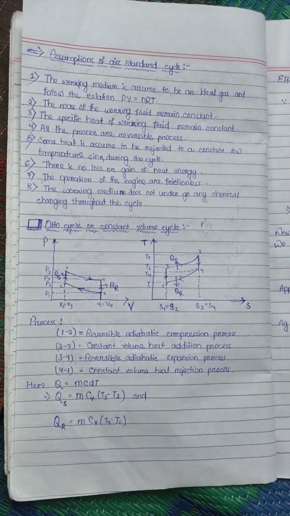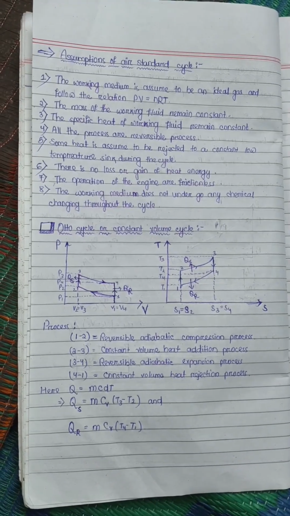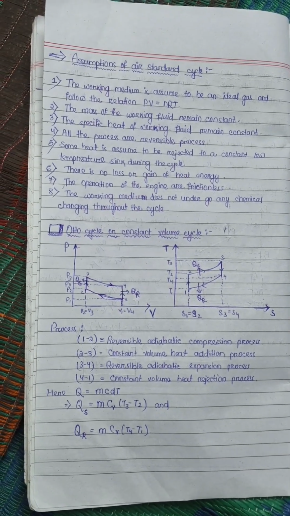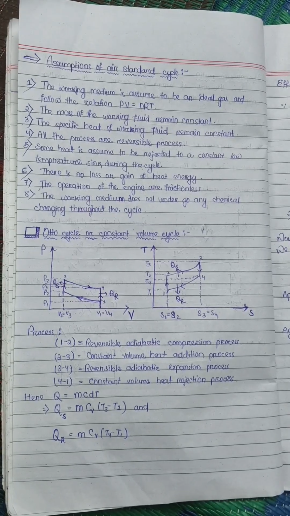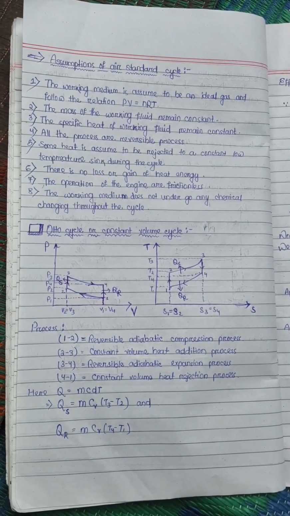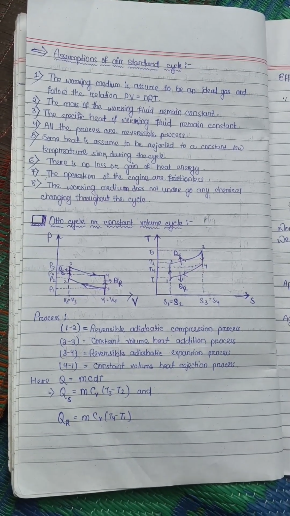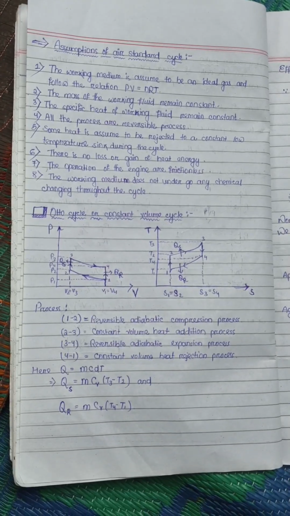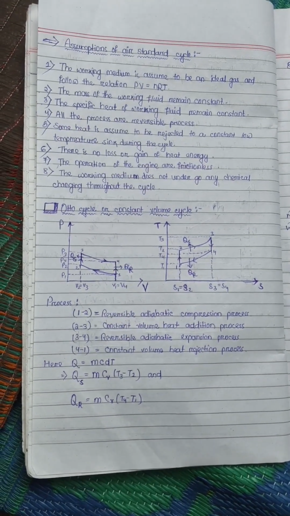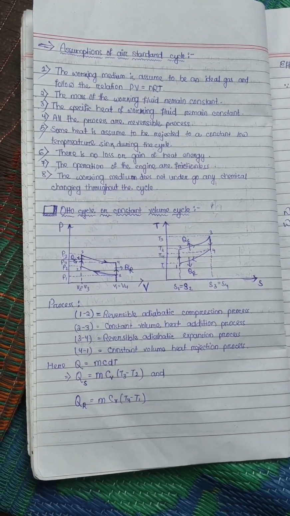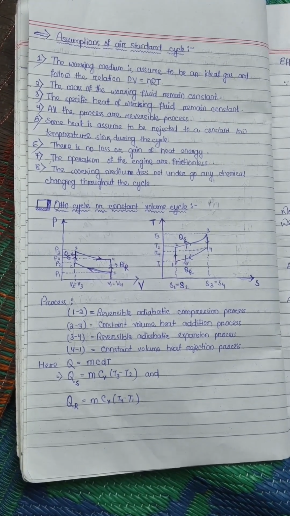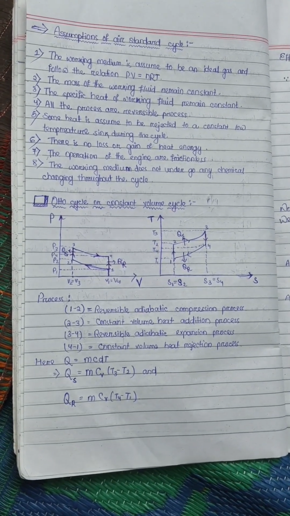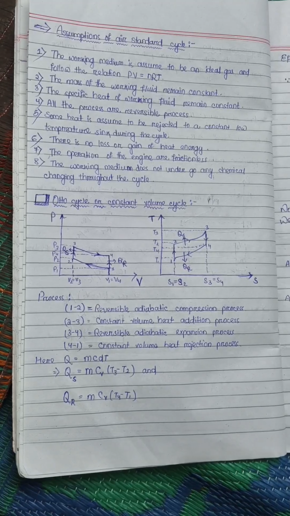Assumptions of the air standard cycle. The working medium is assumed to be an ideal gas and follows the relation PV is equal to nRT. The mass of the working fluid remains constant. The specific heat of the working fluid remains constant. All the processes are reversible processes.